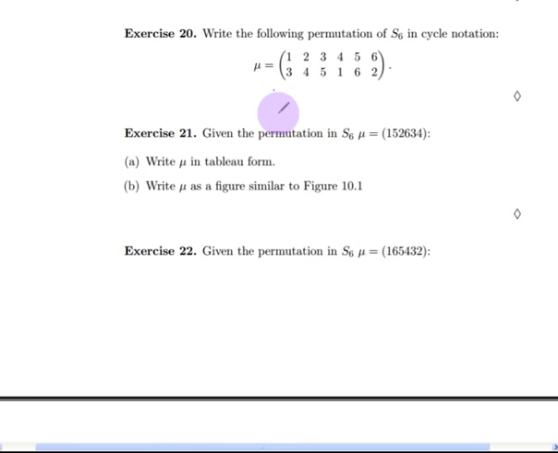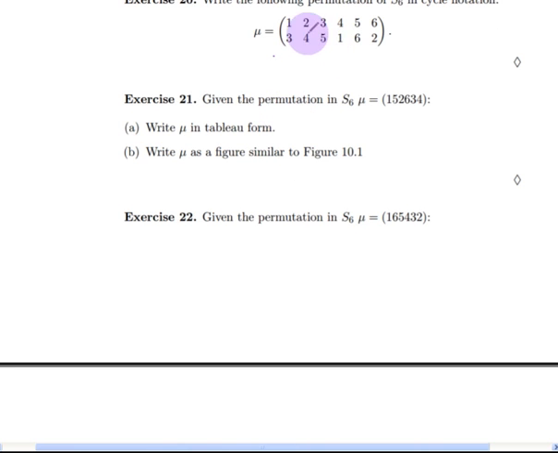So you need to be able to represent permutations both in tableau form like this and in cycle form like this. In this cycle form, if I do 1, 2, 3, 4, 5, you can read off 1 goes to 5, 2 goes to 6, etc. So you should be able to go back and forth between tableaus and cycles.